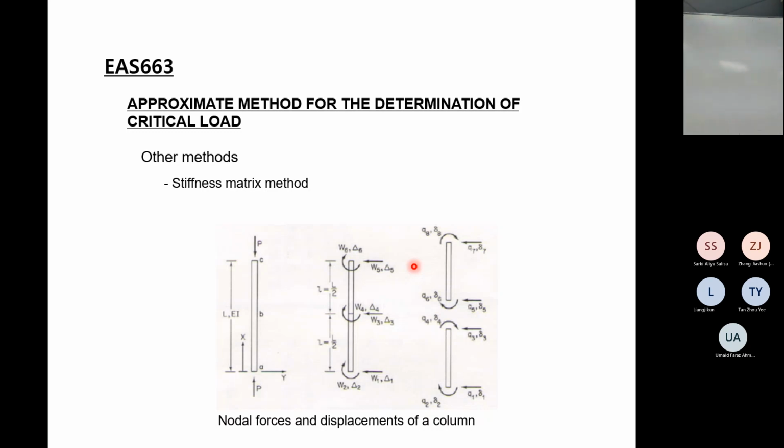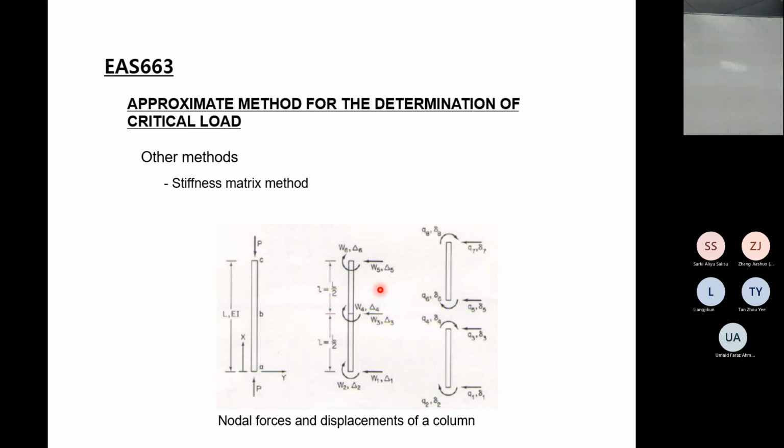And W2, W4, and W6, which is acting at the same node together with W1, W4 together with W3, W5 together with W6. These are actually applied moment. Okay? So we use the same symbol to make it the same, but they are representing different nature of load.